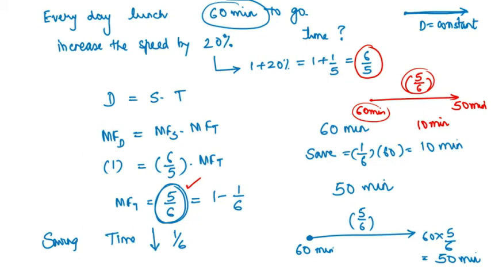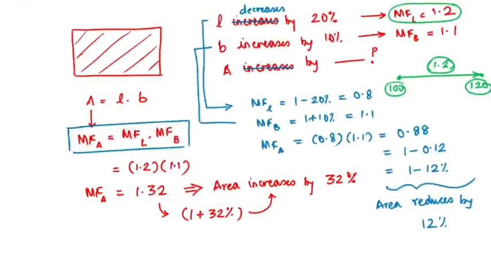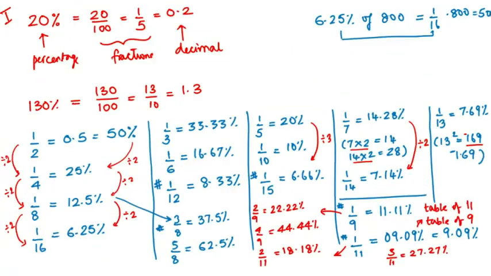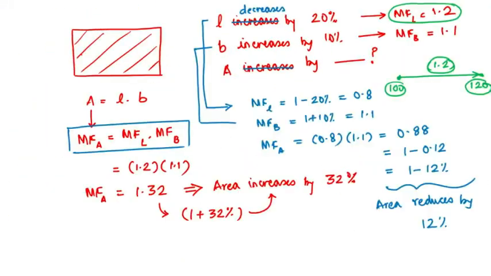It's easier to use fractions, and that is why I taught you fractions. Remember when I gave you these numbers, why did I give you these numbers? Because this will help you convert to fractions very fast. That is the advantage of fractions. You need to know how to use fractions well.